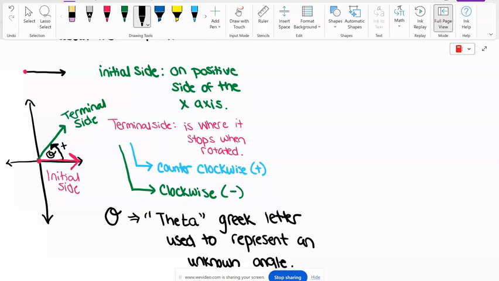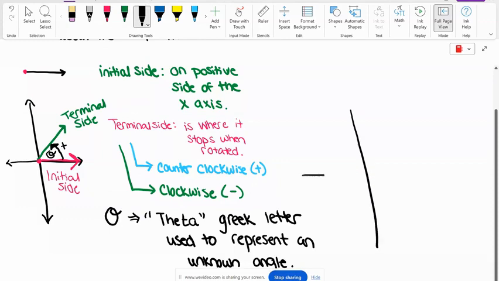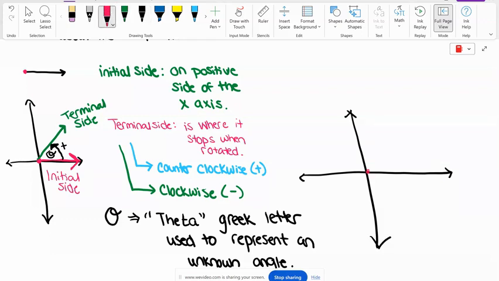So if we went down, that's what I'm going to do right now. So once again, my initial side is always the positive side of the x-axis, always your initial side. But now let's say my angle was negative.